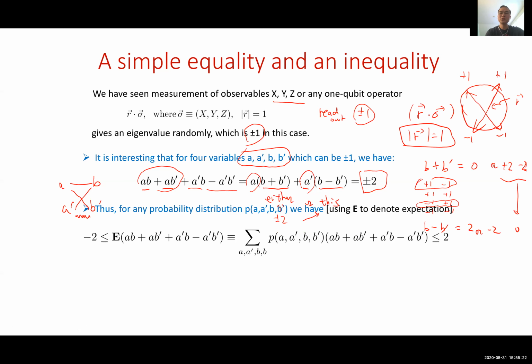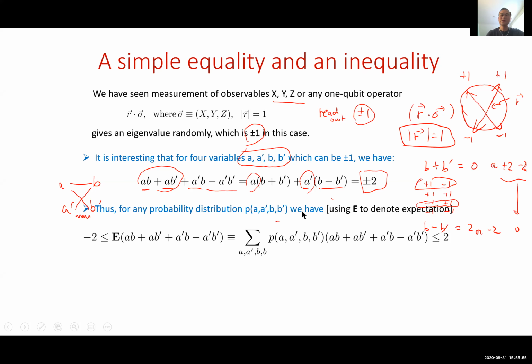So what does this have to do with quantum mechanics? We're going to see that this gives us an inequality. Let me get my cursor back. I'm considering this expression evaluating to plus or minus 2, but suppose I have some random distribution of these 4 variables.